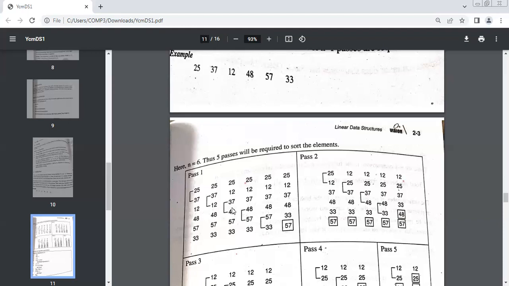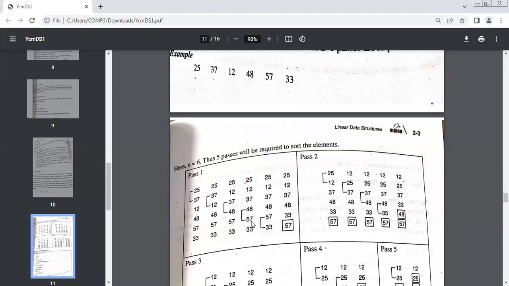So these two numbers remain as they are. Now in next iteration, compare 48 to 57. Again there is no change because these 48 and 57 are in proper location. There is no need to swap these two numbers.